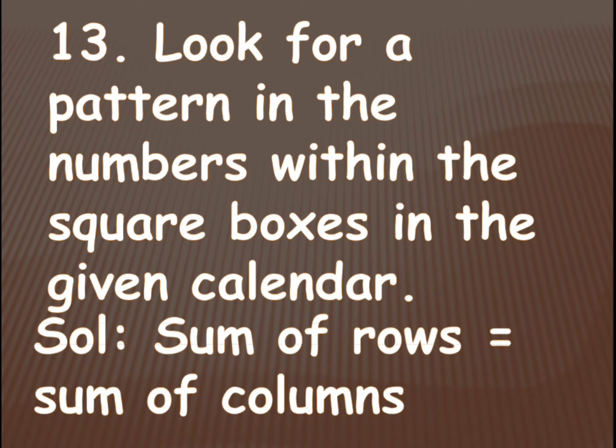That is the pattern you can observe. If you see the rows like 1 plus 2 plus 3 plus 4 plus 5 plus 6 plus 7, 8, 9, 10 till 31, those are the rows. Coming to columns, 4 plus 11 plus 18 plus 25, then 5 plus 12. If you go on adding like this, the sum is the same.